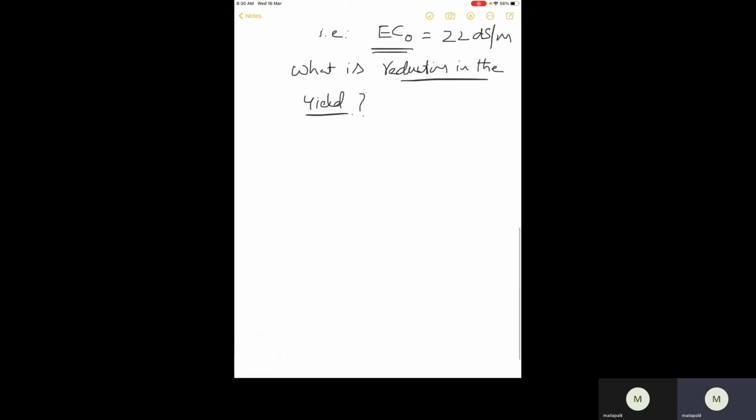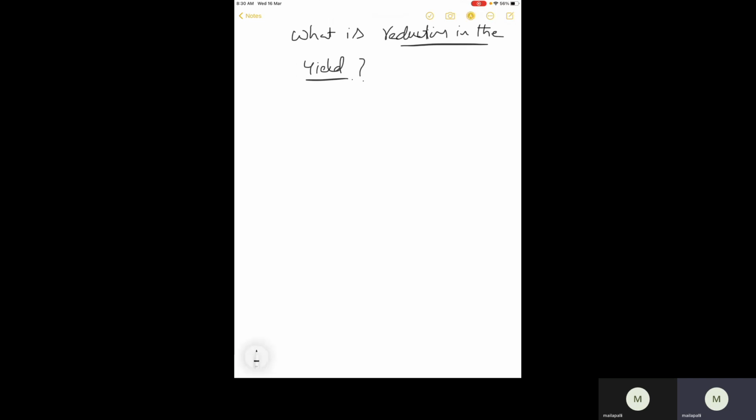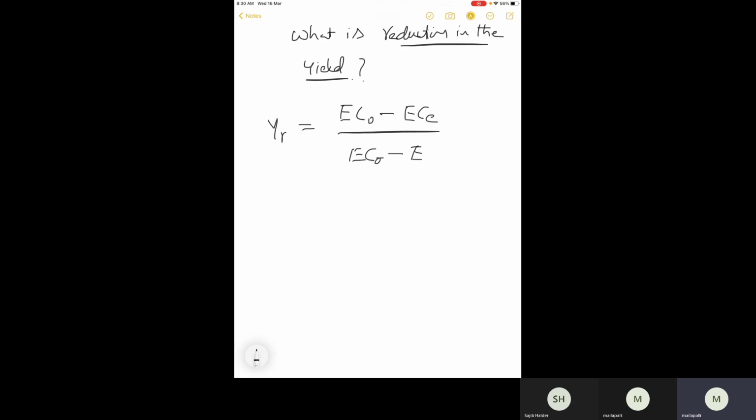So we're going to use the above equation to find the yield reduction. That's YR. The YR equation is YR equals EC0 minus ECE, divided by EC0 minus ECT, that's the threshold, times 100.